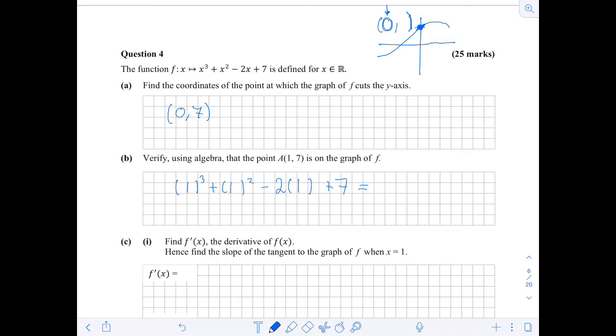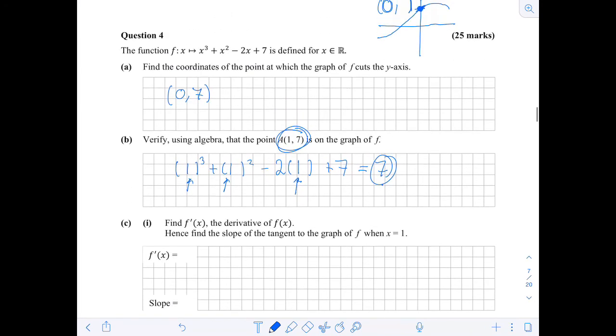I put that into my calculator, mode 1, so I go 1 cubed plus 1 squared minus 2 times 1 plus 7 equals, and that's equal to 7. So when I put a 1 in, I get a 7 out. So therefore that point is on the graph.